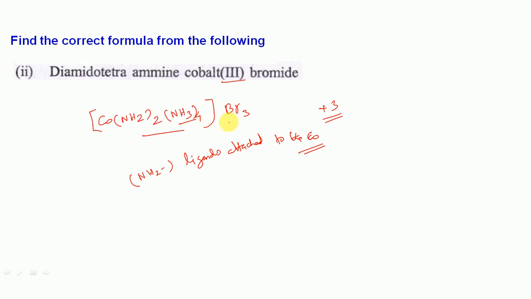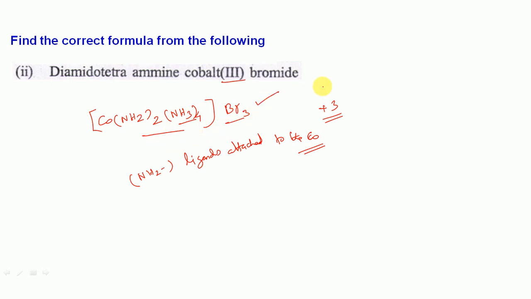Bromide indicates the presence of bromide ions as counter ions to balance the charge. Cobalt has +3 charge, each amido has -1 charge, each ammonia 0 charge, so 3 bromide ions are needed to balance the charge, resulting in this formula.